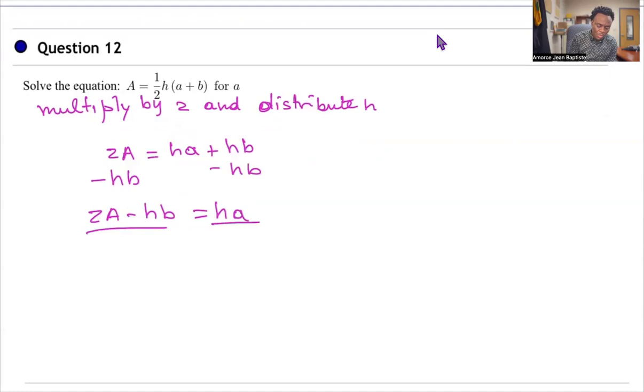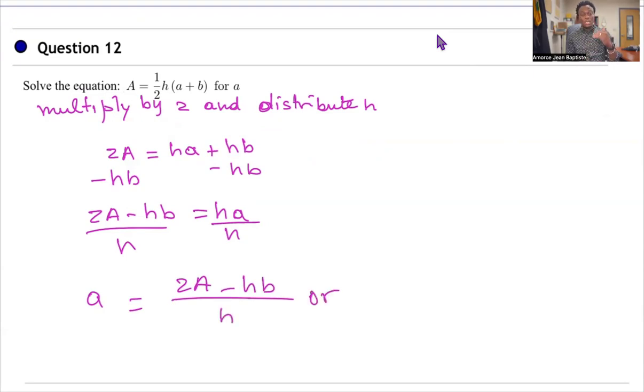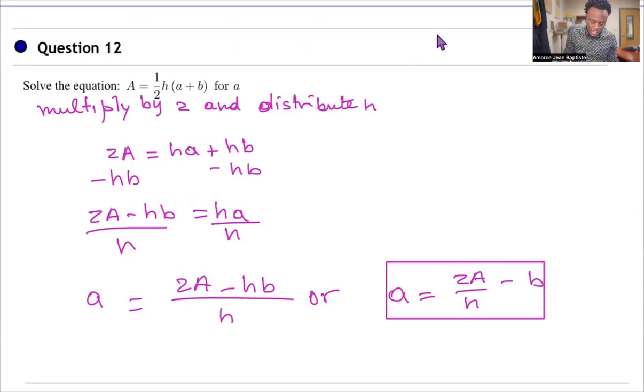We divide both sides by H. We get a equals 2A minus HB over H. Or if you divide each term by H, it doesn't matter. You can give either one. a equals 2A over H minus B. Both answers are correct.